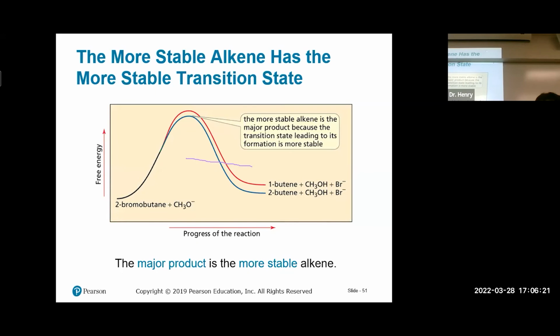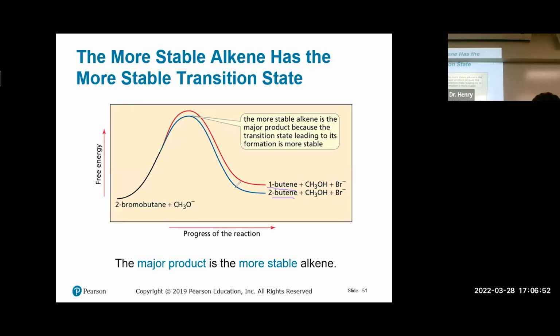Okay, so this is basically showing us that the more stable the alkene, we know that 1-butene is less stable than 2-butene. And if we look at the Gibbs free energy, it gives us a lower energy product, and so again, it's more stable.